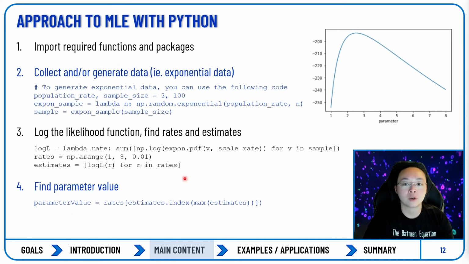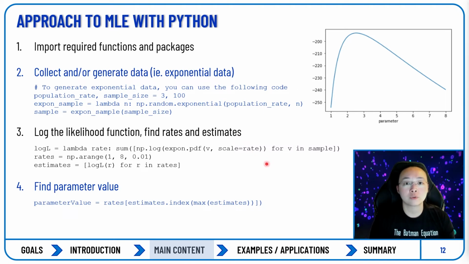Over here, I want to change things up and take a look at an exponential distribution to let you know this is where we would change things. So we're taking np.log of the exponential function, a probability density function, based off of however many samples you have with some sort of rate.